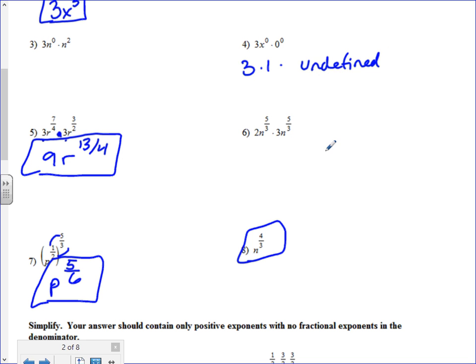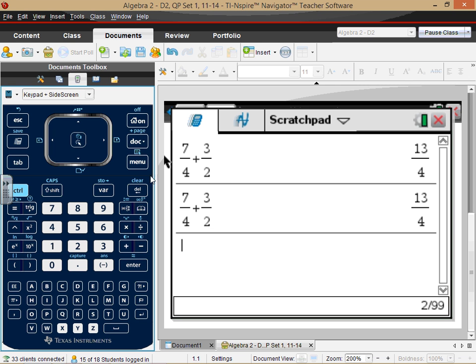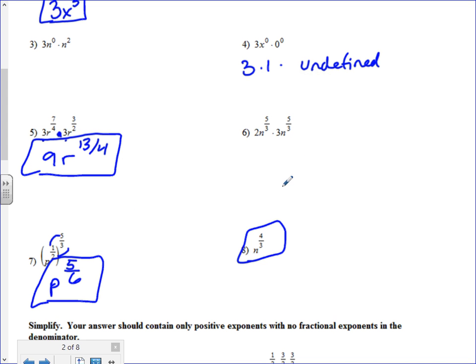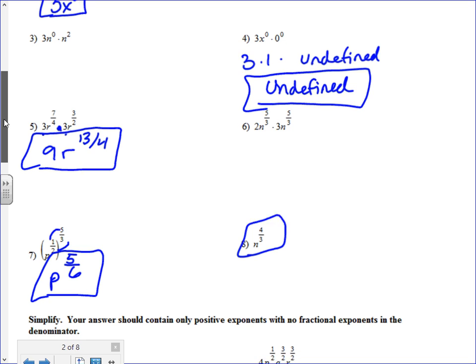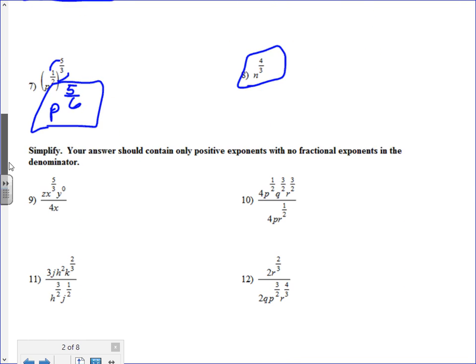Put it in your calculator if you want to. Do 3 times 1 times 0 to the 0. Let's see what your calculator says. So they put undefined. What did I just say? Yes. I love it. I got to learn something today.